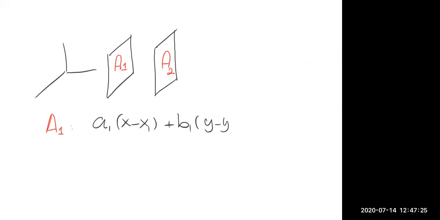Now we can ask the same thing for planes. If I have two planes, I want to see when these two planes are parallel. Remember, this is plane number 1, and plane number 2. Let's say the equation of plane 1 is of this form: A1(x minus x1) plus B1(y minus y1) plus C1(z minus z1) equals 0.